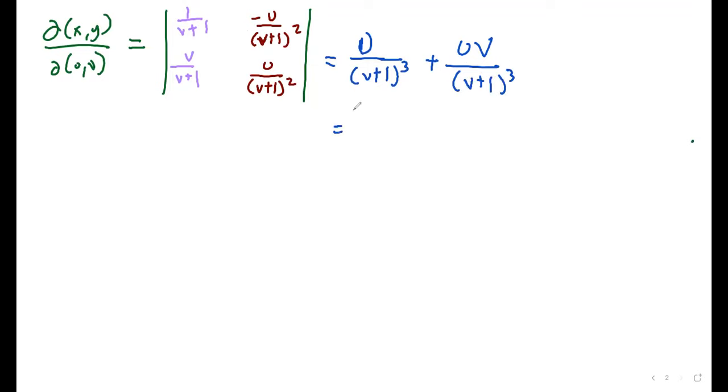We can simplify this because the numerator factors as u times v plus 1 over v plus 1 cubed, and that factor of v plus 1 cancels one of them downstairs. So our Jacobian just ends up as u over v plus 1 squared. Okay, so that was part C here.